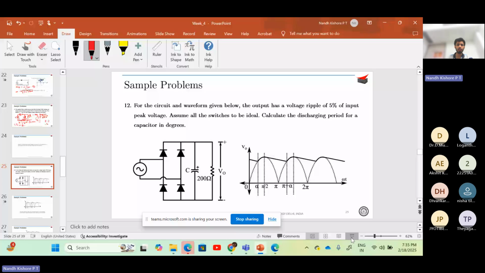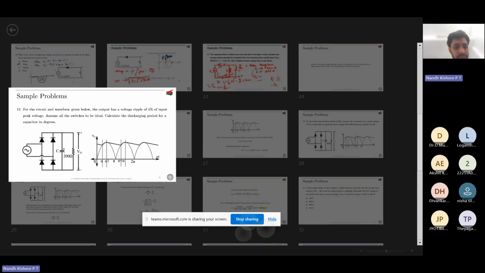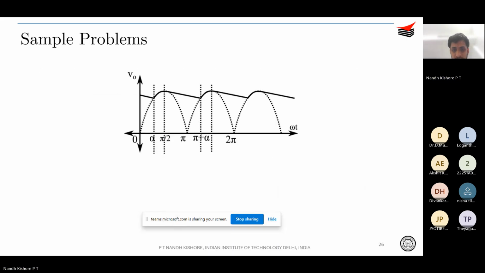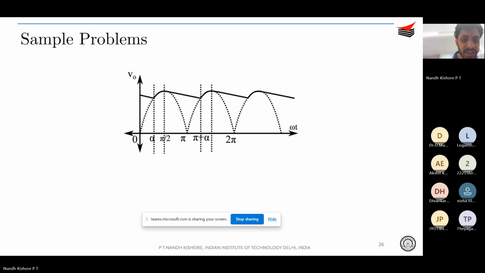So for the circuit and waveform shown here, again it's a similar circuit. The output has a voltage ripple of 5% of the input peak voltage. Assume the switches to be ideal. Calculate the discharging period for the capacitor in degrees. See, what they have given is, let's say this is Vm.